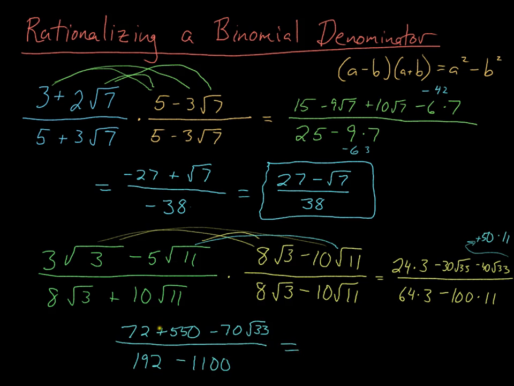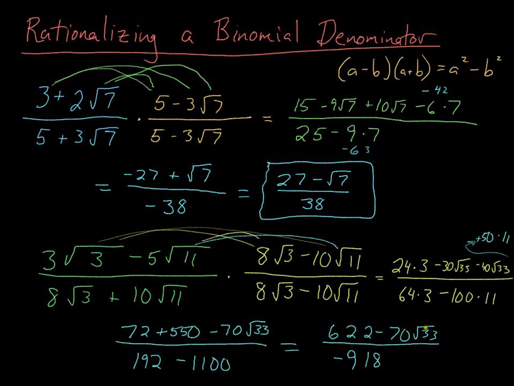And so now it's just add those together. So, 622 minus 70 root 33 over 918.